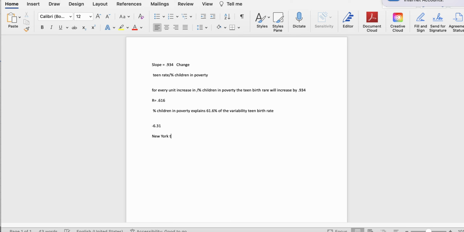New York's teen birth rate, which is what we're trying to predict, is, now it's negative, okay, 6.31, we'll just call it units, lower than other states with the same percent of children in poverty.